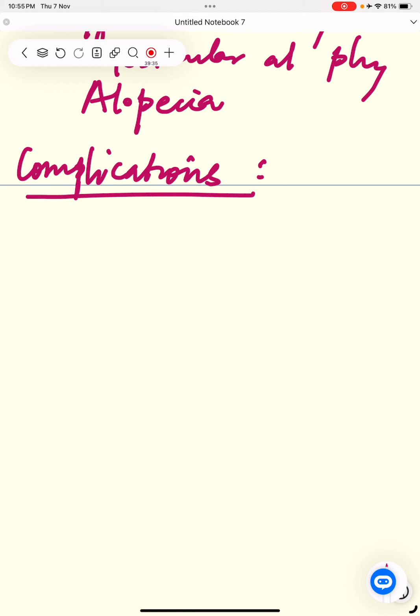Now let's talk of the complications that we must be aware of. Number one, most important, portal hypertension. In this case, the patient will have ascites, splenomegaly, upper GI bleeding can happen, varices, gastropathy.